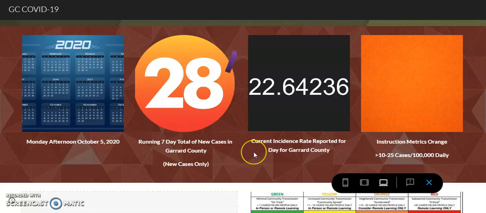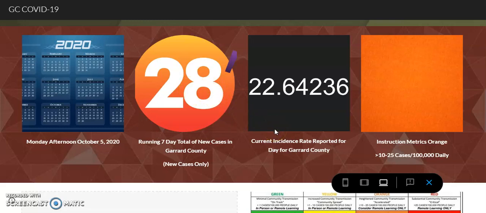And then using a formula created by the state, we would determine what the current incident rate for Garrett County is. This is based on if there was a population of 100,000. So what you do in each day's situation is you take the 7-day total and you divide that number by 7, and then you divide it by the population in Garrett County.